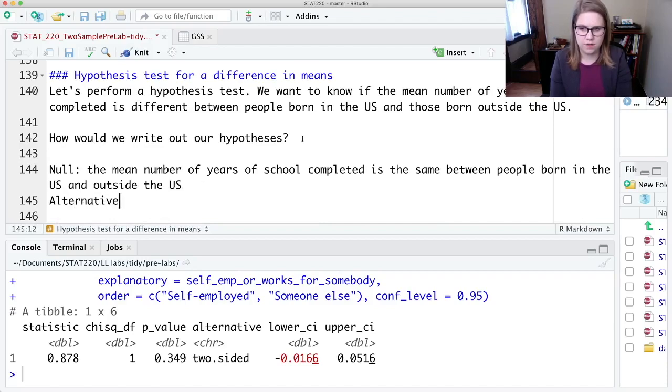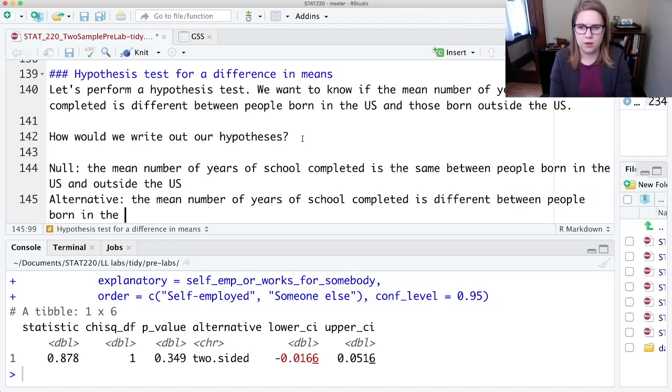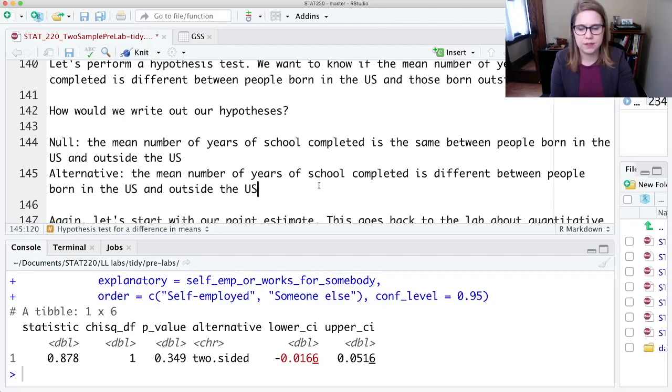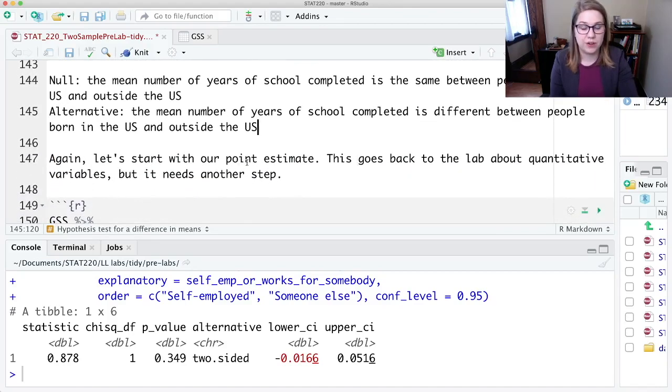And the alternative is the mean number of years of school completed is different between people born in the US and outside the US. Again, we put the boring thing with the equality in the null and the more interesting thing that might make headlines in the alternative.